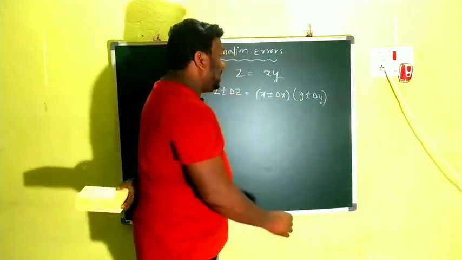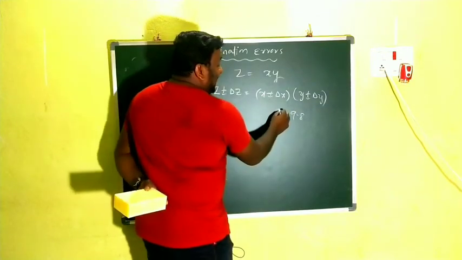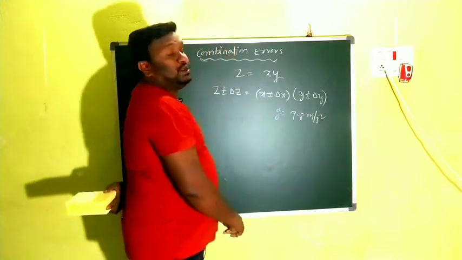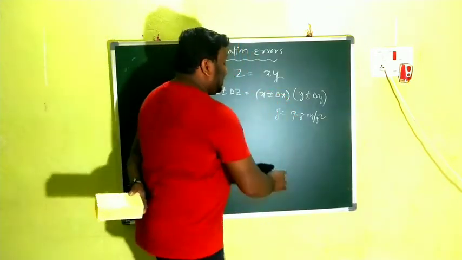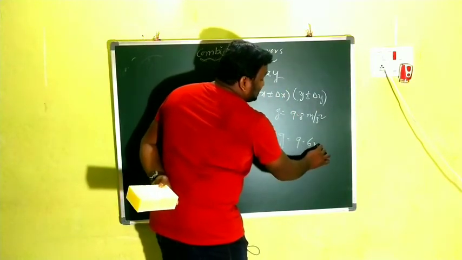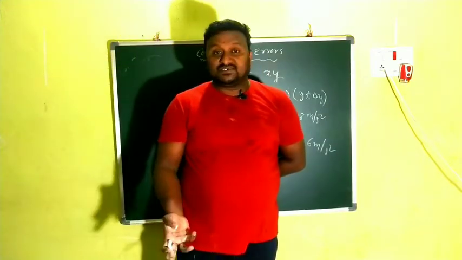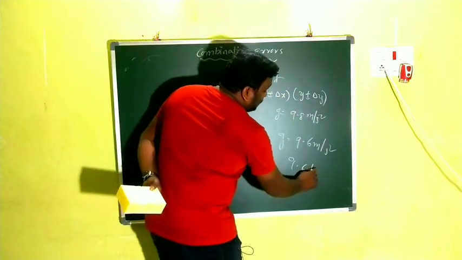I already told you, for example, 9.8 meter per second square is the acceleration due to gravity, but in an experiment we measure 9.6 meter per second square. To correct that, what do you write? 9.6 plus 0.2.